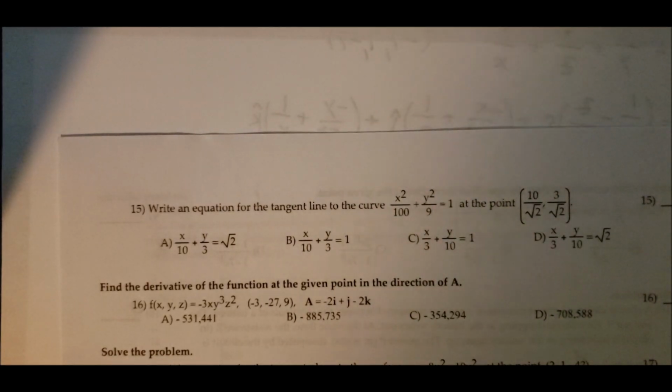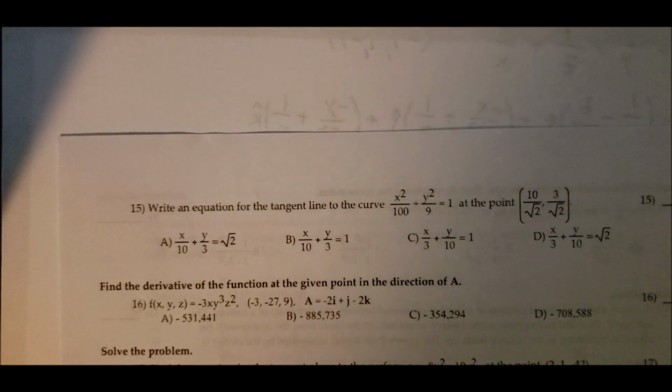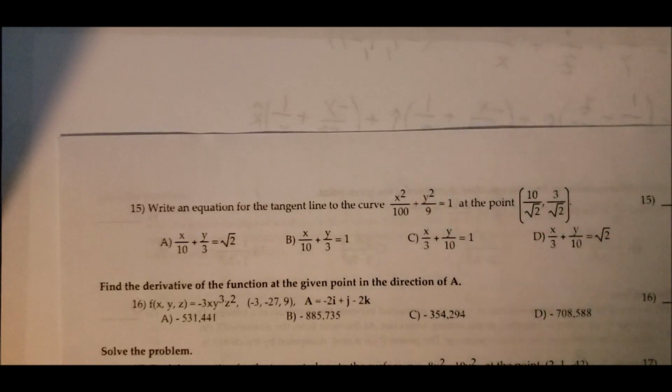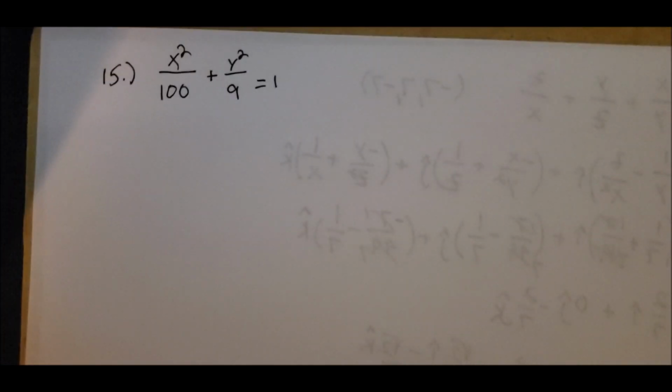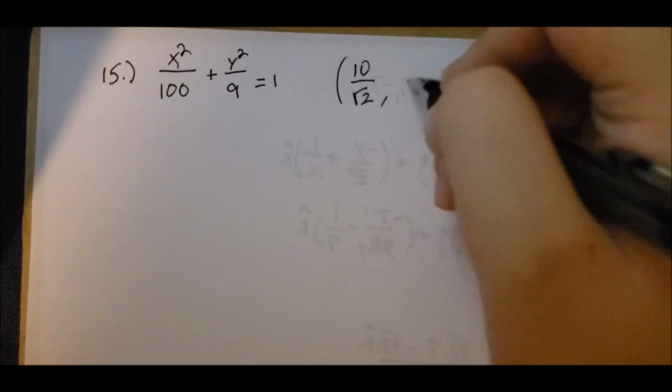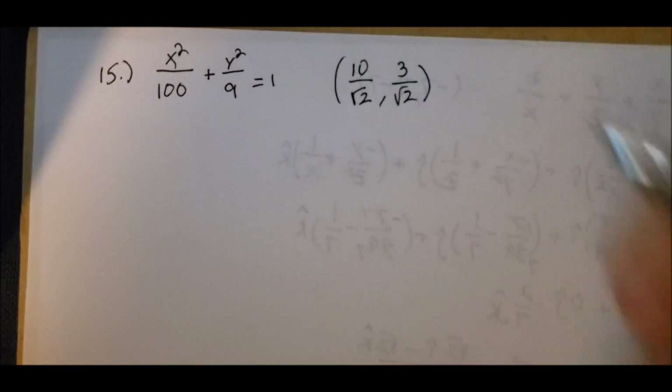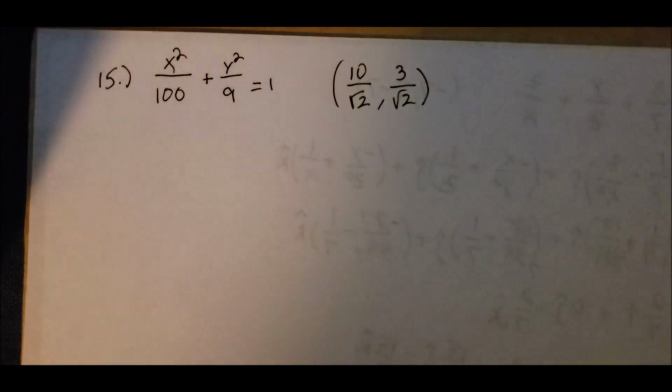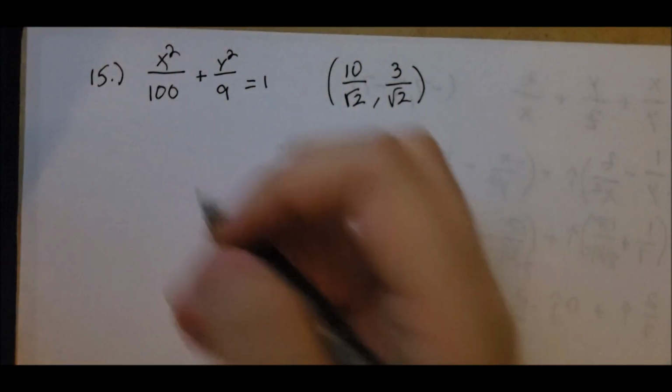So number 15 is saying write an equation for the tangent line to the curve at the point. So I'm going to take the derivative.